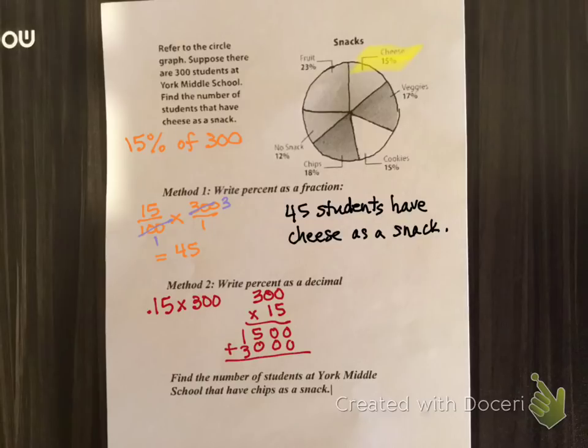And then add up, and I get 0, 0, 5, 4. And now I have to go back and count. I see 2 digits after the decimal point, so my answer is also going to get 2 digits after the decimal point, and guess what? Yep, that equals 45. So again, we get exactly the same answer. So it's up to you to decide which strategy you want to use. 45 students have cheese as a snack.